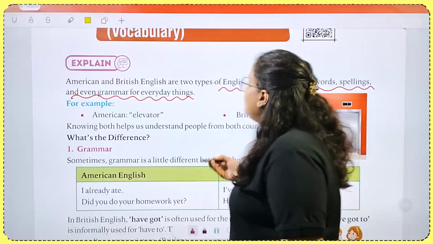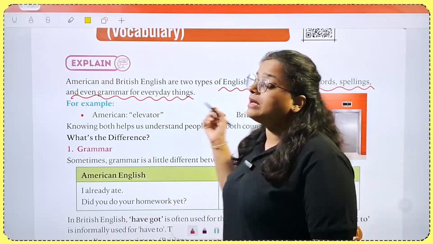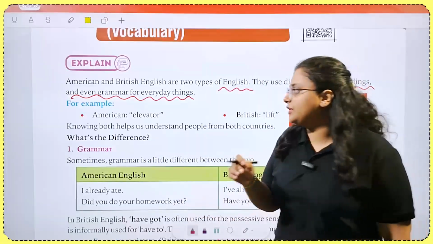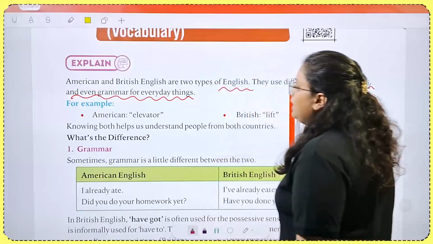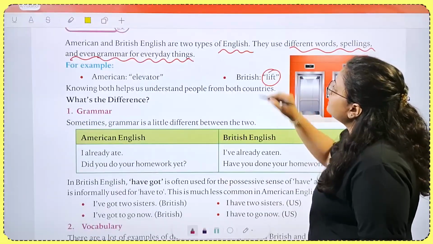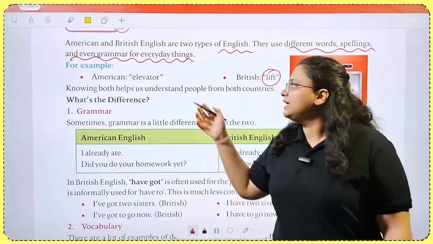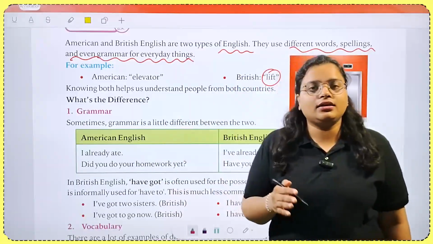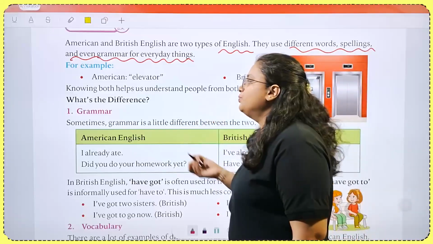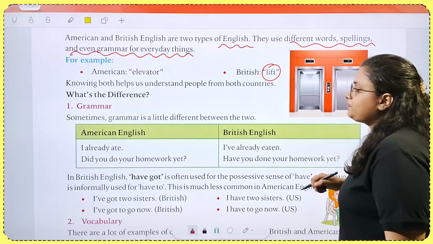Now, what is the difference? The difference comes in word spellings and sometimes even grammar. For example, in American English it is elevator, and in British English the word is lift. As Indians, we know both the words, elevator and lift, so we use any of them.